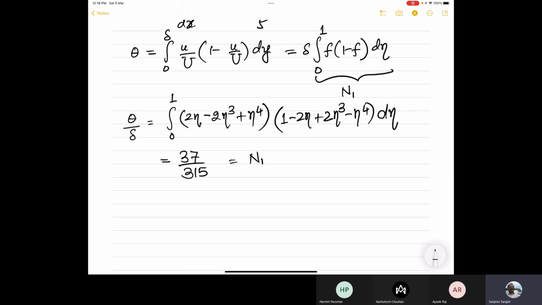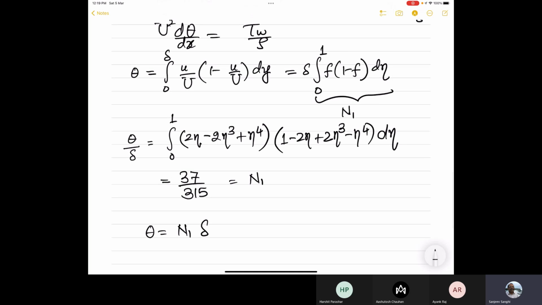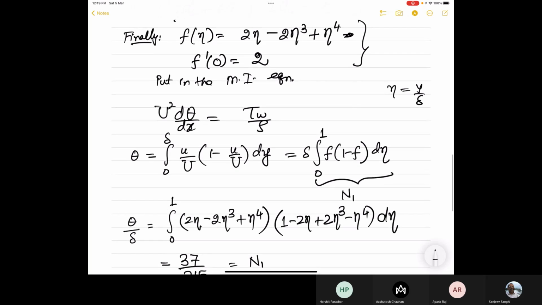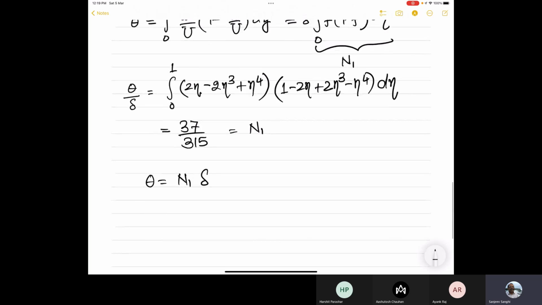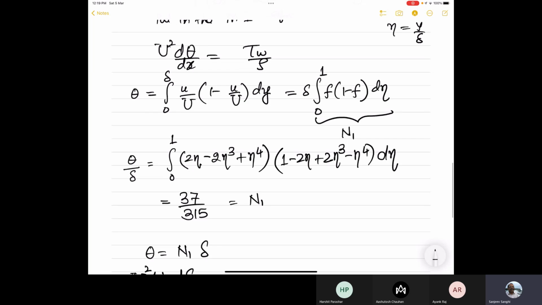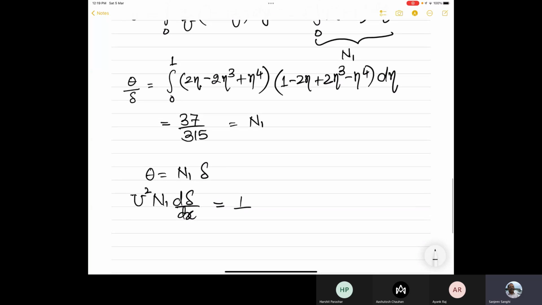So theta is equal to n1 times delta. For different profiles, all that will change is this value of n1. Now you have U square d theta by dx. This will become U square n1 d delta by dx, and is equal to 1 over rho times tau wall.